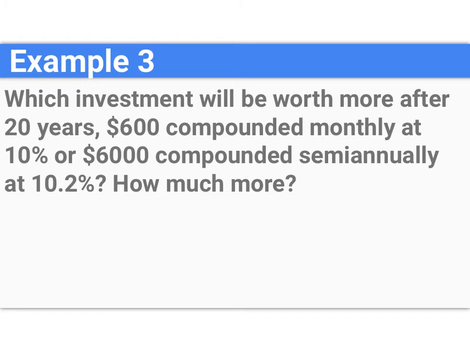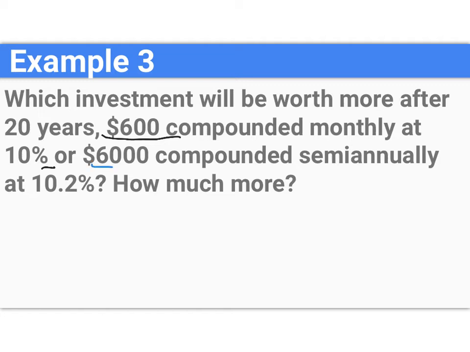Okay, so let's look at our third investment. 20 years, $6,000 compounded monthly at 10%, or $6,000 compounded semi-annually at 10.2%. Which one is more and how much more is it? I am going to do the first one with all the numbers in black.